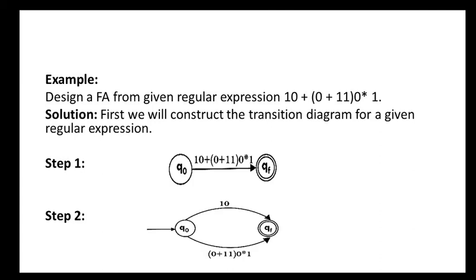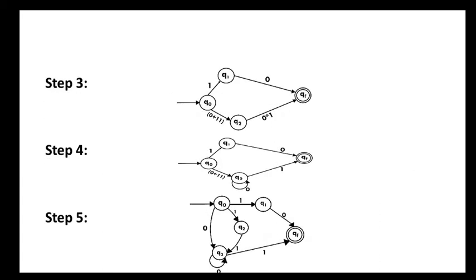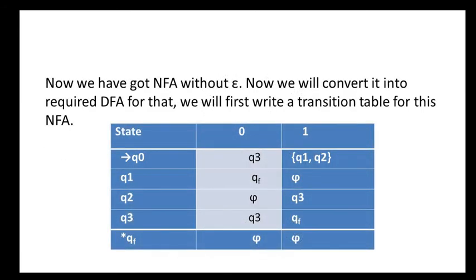We have to separate those two. The third step, again 1 and 0 are separated. We have to separate all the expressions separately in step 3 and also in step 4. In step 5 we have separated all the symbols equally with the number of states. Now we have got the NFA without epsilon.